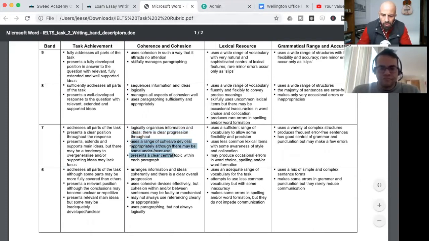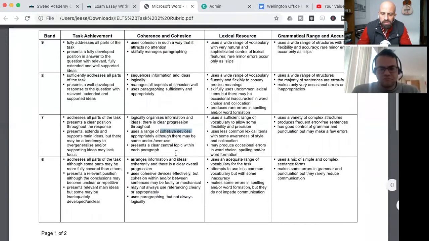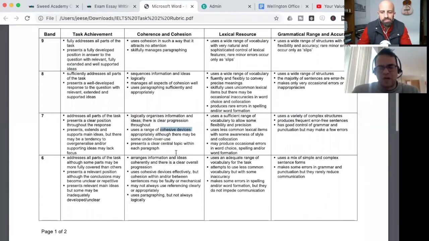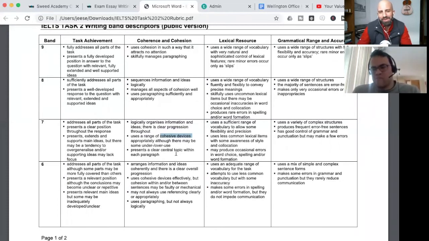Uses a range of cohesive devices. What does that mean? Cohesive devices? I don't know. Cohesive devices are like connectors. Connectors, right? Yeah. Academic words tend to be more formal. But that just means more connectors, linkers, different linkers.